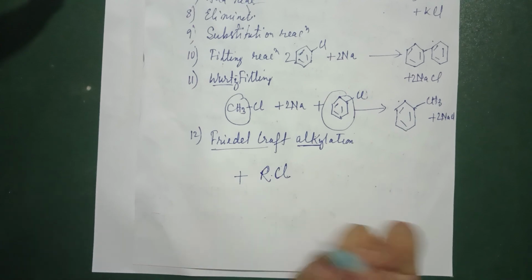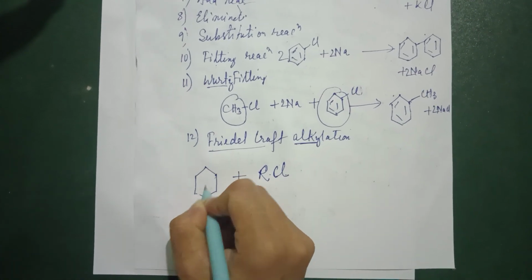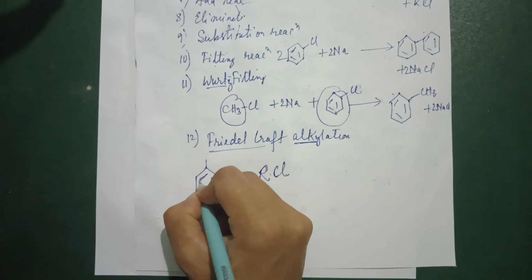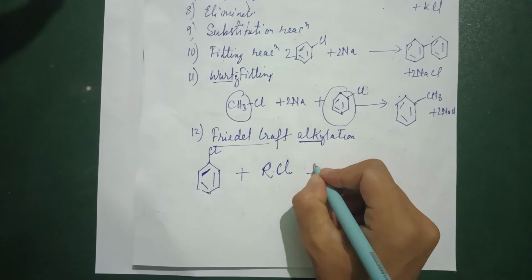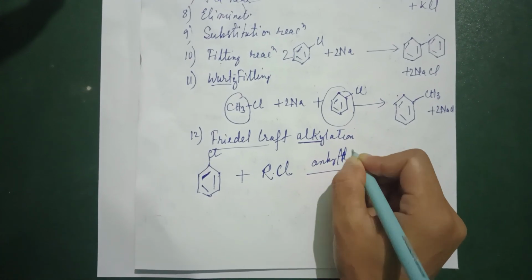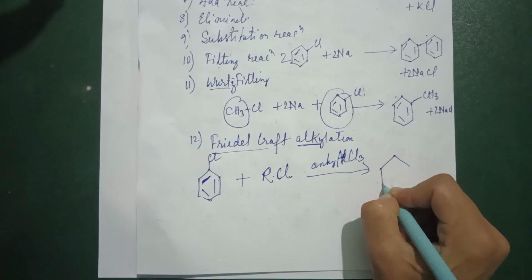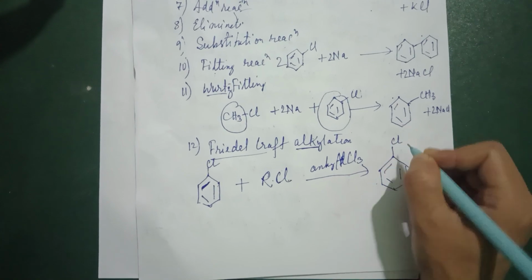This reaction is easy to remember because it is always in case of an aryl halide. Now the reagent should always be anhydrous AlCl3, that means a Lewis acid. The Cl on the ring will remain undisturbed.